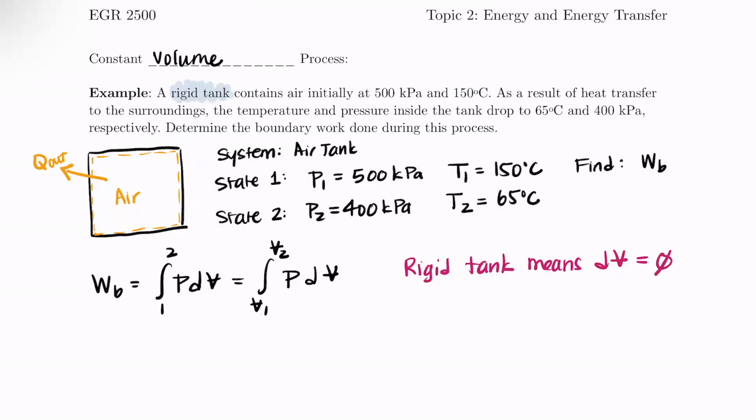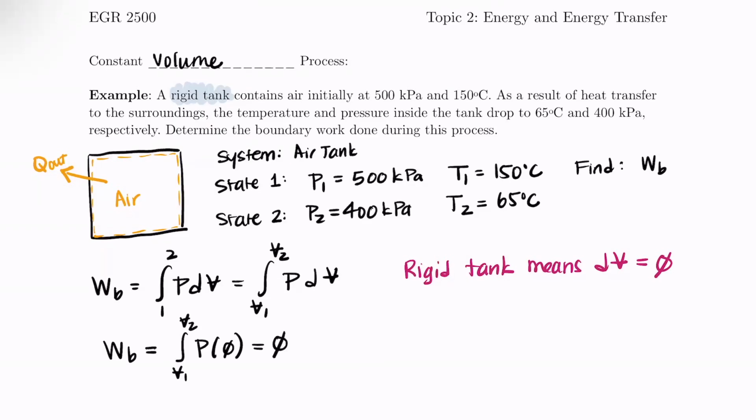So what does that mean about our boundary work? It is not a trick. It's just 0, right? So we're multiplying this whole thing by 0, so we have 0. Does that make sense?